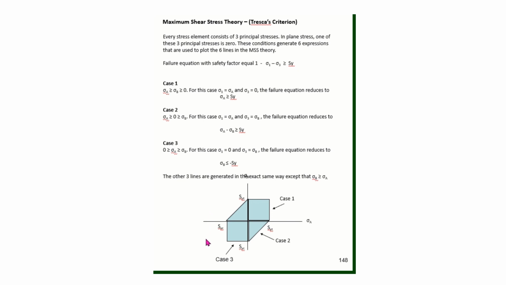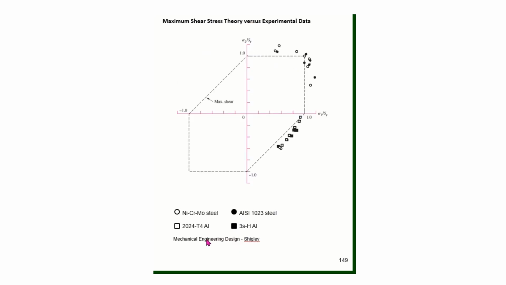So plotting the failure envelope for maximum shear stress, we get this shape of our failure envelope, and we see that this dashed curve is predominantly on the inside of all our points, indicating that this is a conservative failure theory. So that's a nice feature about the maximum shear stress, and it's also a nice feature that this failure theory is very easy to apply.